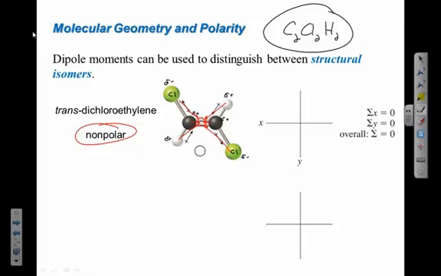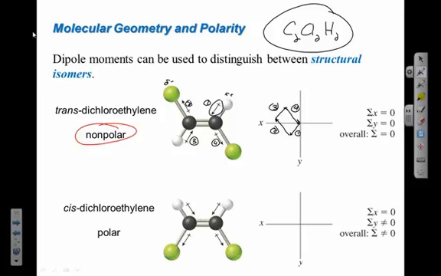If I were to employ the vector method, I would see the same thing. I would look at these individual bond polarities, and I would add one arrow to the next arrow, and I would get right back to the origin. These are the arrows I applied to do that: 1, 2, 3, and 4. That molecule is nonpolar. It doesn't have a dipole.